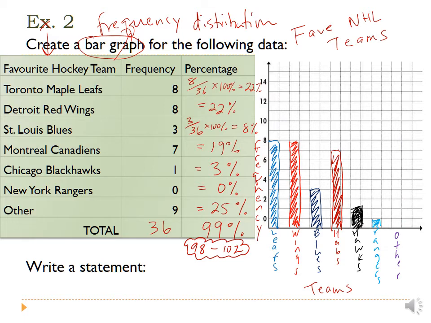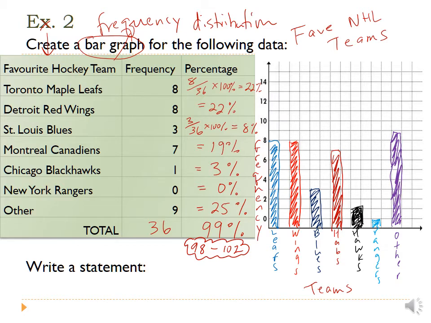Try that over again. Hopefully we don't end up with any weird things again. And there it is, easily a bar graph. So we have a title, labeled our axes, colored our bars. Now you're also going to be asked to write a statement. You can't go wrong as long as you say something about this graph that makes sense.